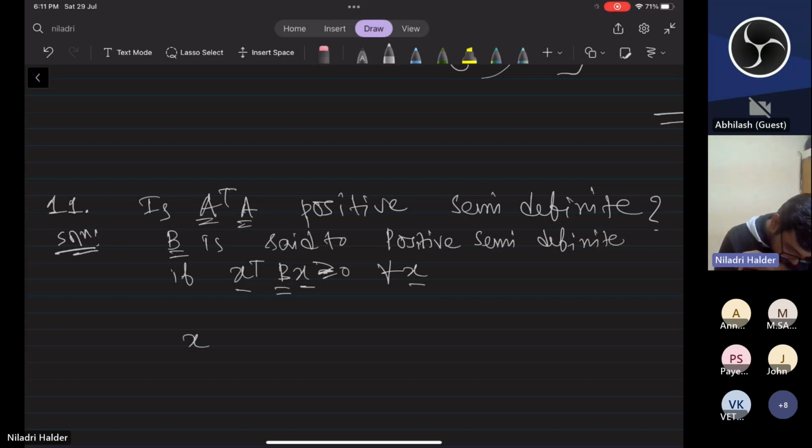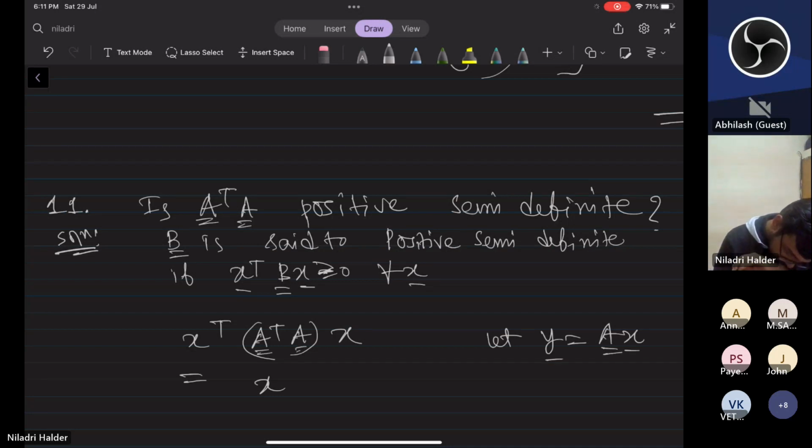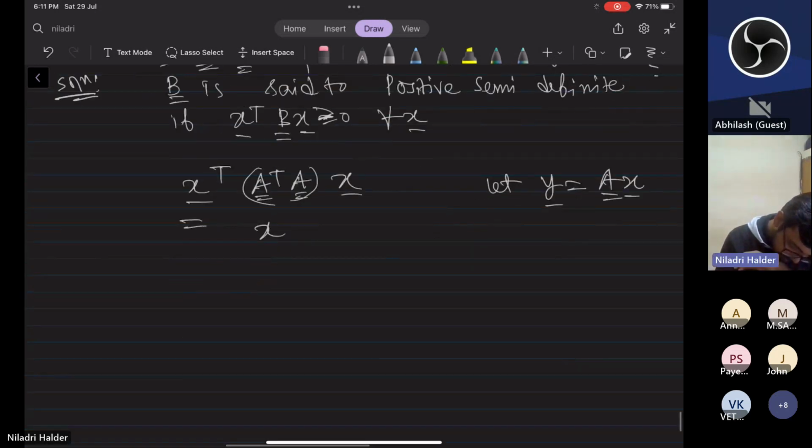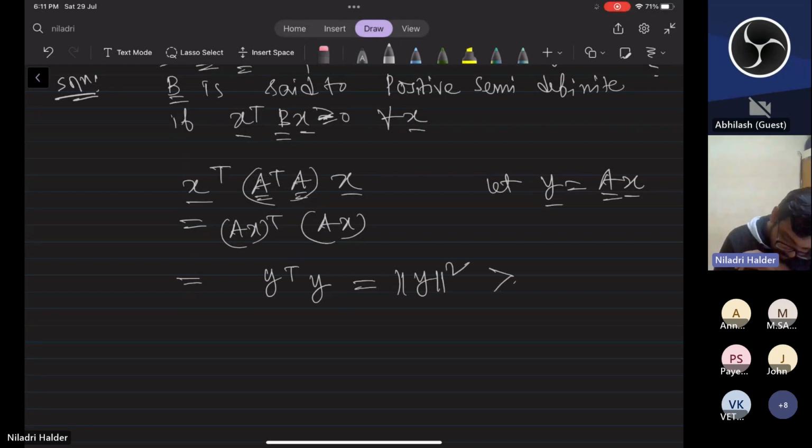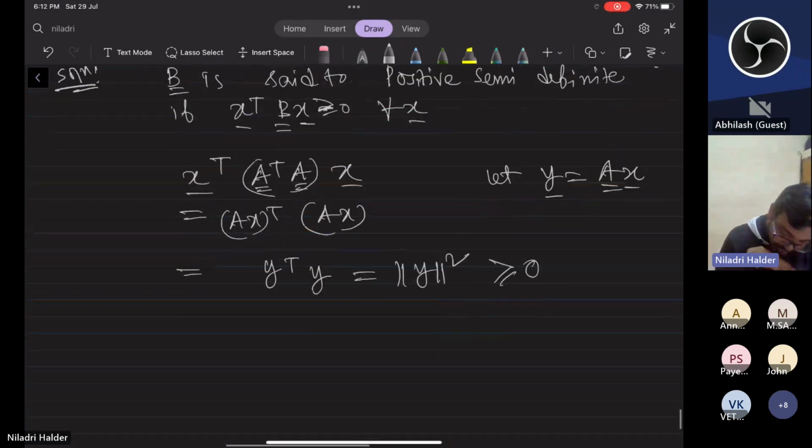So suppose x is a vector, then consider x transpose A transpose A x. Let y equal Ax. Then it is y transpose y, the norm of y squared. The norm is always greater than or equal to 0 by the definition of norm, so this is always greater than or equal to 0.